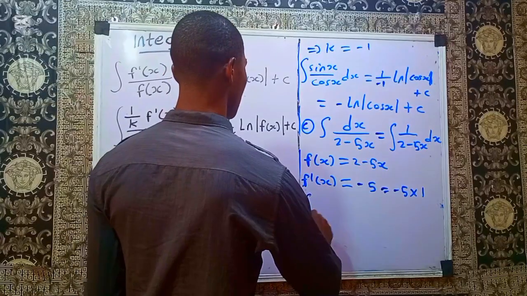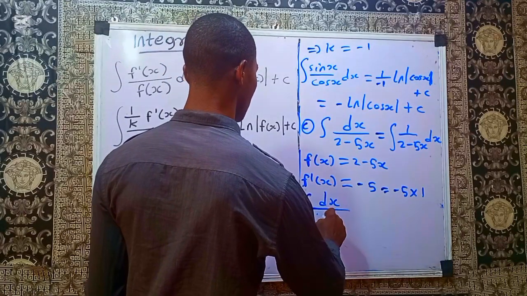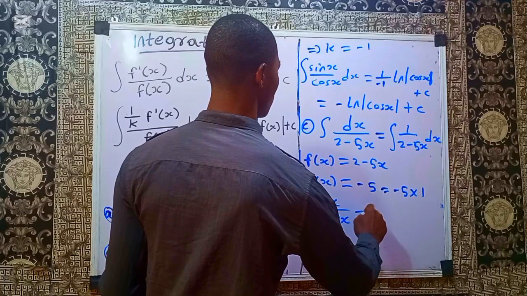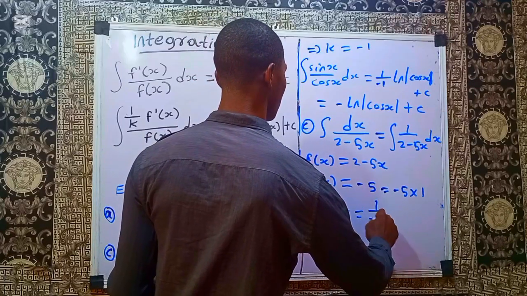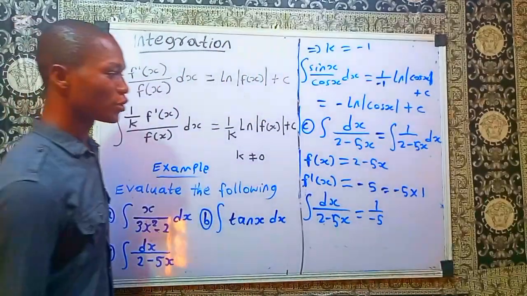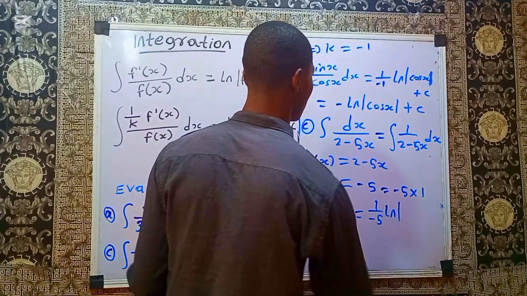So the integral of dx divided by 2 minus 5x will be equal to, from the formula, 1 over k, that's 1 over minus 5 times ln of the absolute value of f of x.